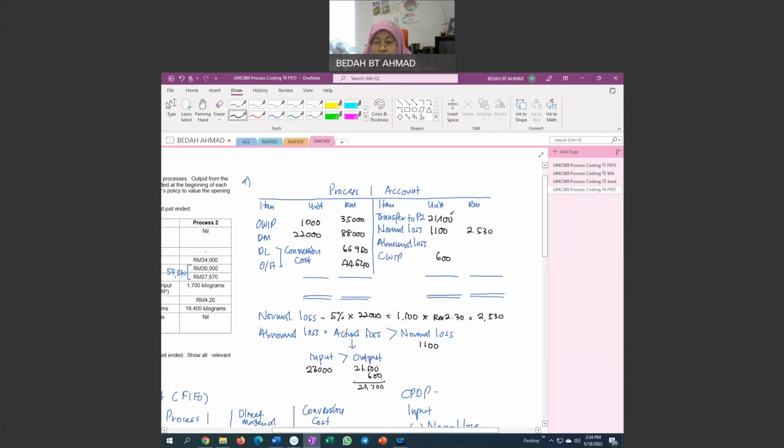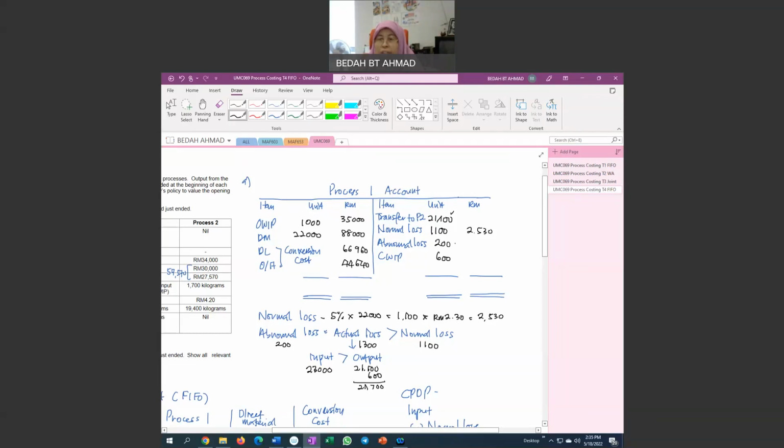This is less than the input by 1,300, so that is the actual loss. The actual loss is more than the normal loss, so we regard that as abnormal loss. The abnormal loss is 1,300 minus 1,100, so it is 200. So we put it here, 200.